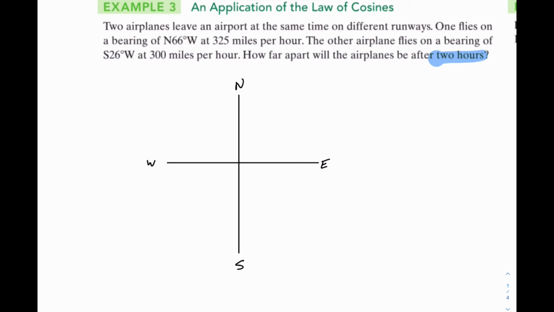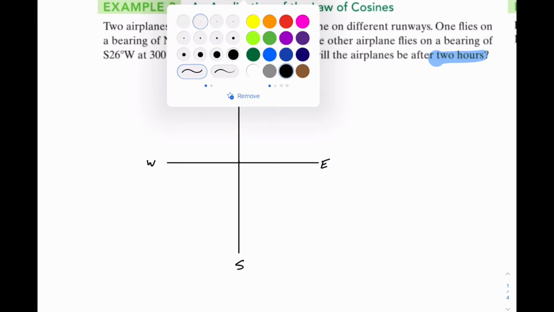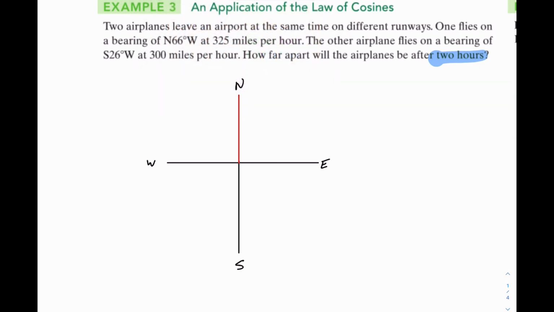So to do this, north 66 degrees west means from the north, so imagine I use a red line here. From the north, we're going to move 66 degrees to the west. So that's going to be right about here. And then south 26 degrees west, that's going to be something like this.